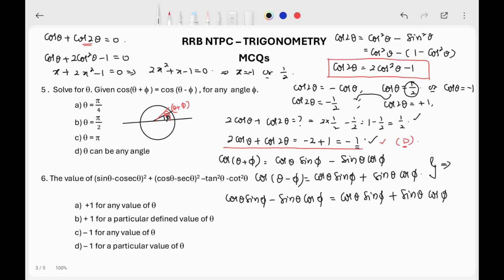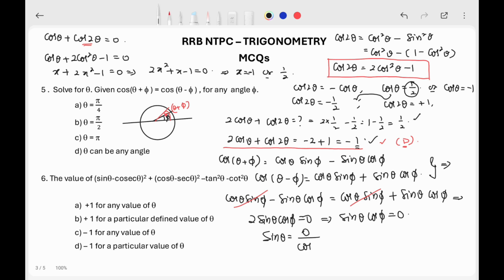Now you just see, once the left-hand side goes to the right-hand side, it implies 2 sin theta sin phi is equal to 0, which implies sin theta into sin phi is equal to 0. For any value of phi, sin theta is equal to 0.